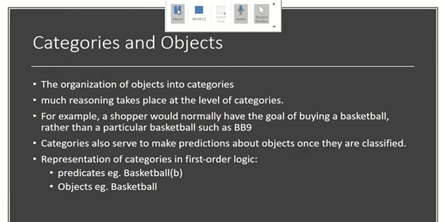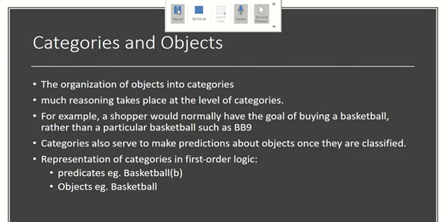Okay, let's talk about the representation of categories in first order logic. We have two choices for representing categories: predicates and objects. For example, to represent basketball in predicate form, we declare a variable b which represents the basketball.